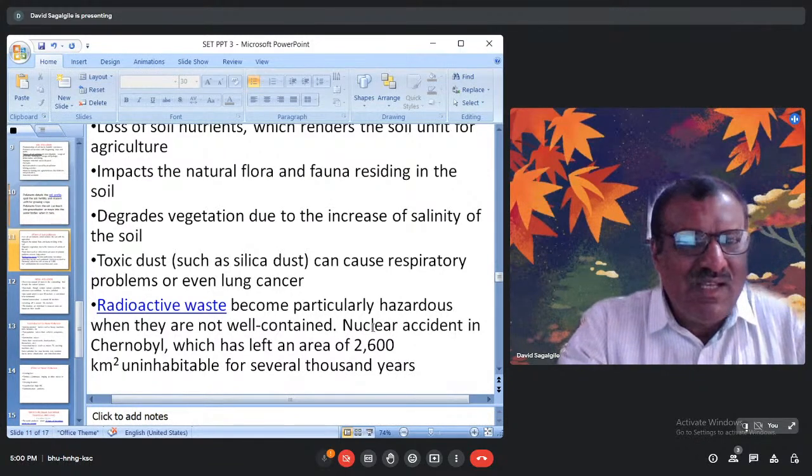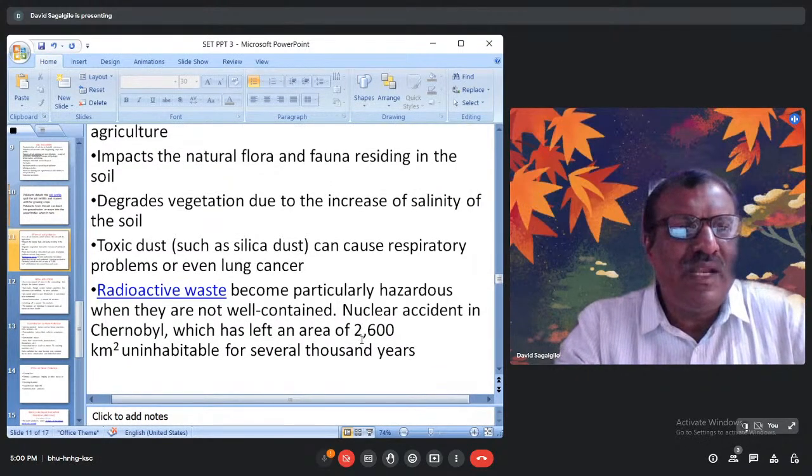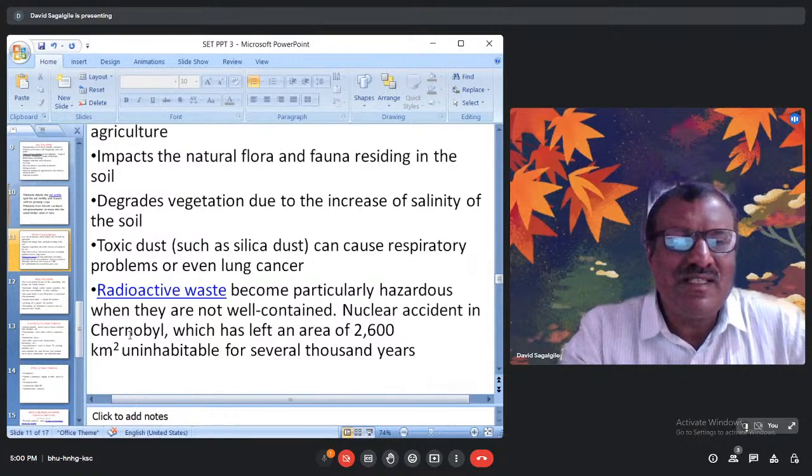radioactive waste. We all know that a few years back, a nuclear power plant met with an accident in Chernobyl, and the entire area was evacuated because the radiation in that area was very high. Many people also lost their lives, and today nobody can go into that area of Chernobyl.